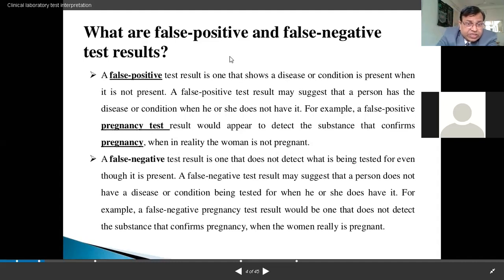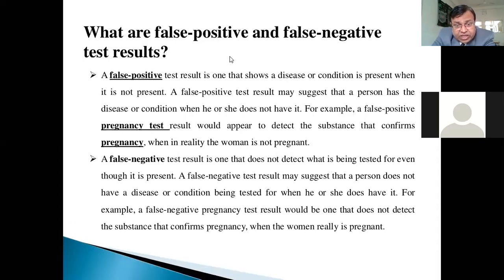Similarly, a false negative test is one that does not detect what is being tested for even though it is present.